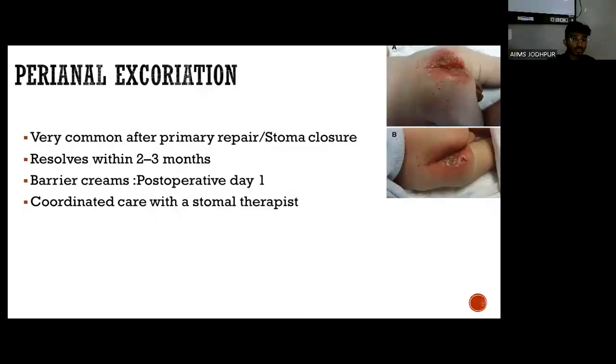Perianal excoriation is very common after primary repair and stoma closure. It usually resolves between 2 to 3 months, and so it is better to start barrier creams from postoperative day 1 itself. And coordinated care with a stomal therapist will help in further management.